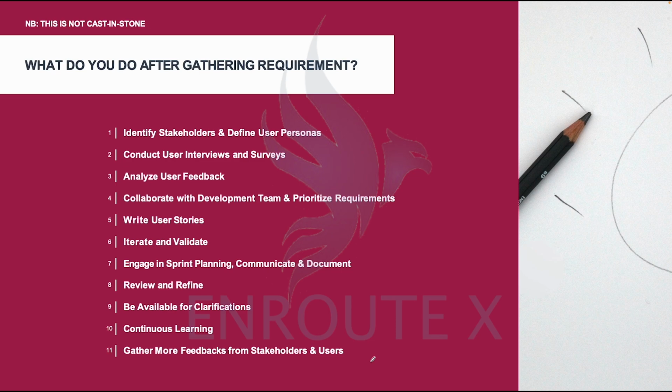As you are developing, they are testing, they are using, they are putting the product to test. You gather more feedbacks that would be required to push further on it. So those are some of those things you have to do when you gather requirements from the stakeholders. You interpret them and work further on them.